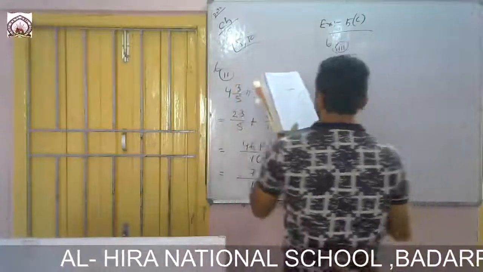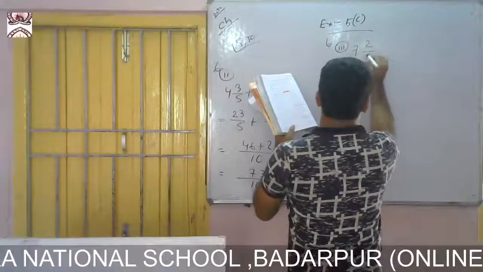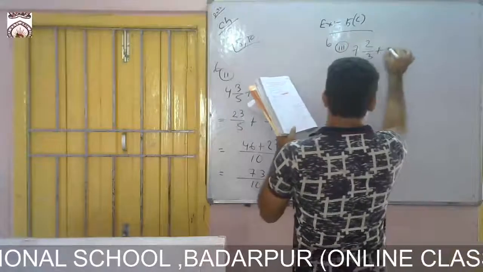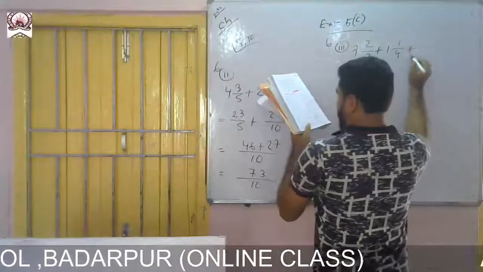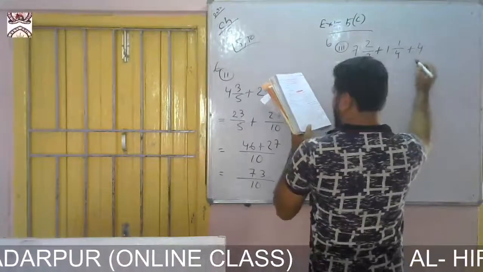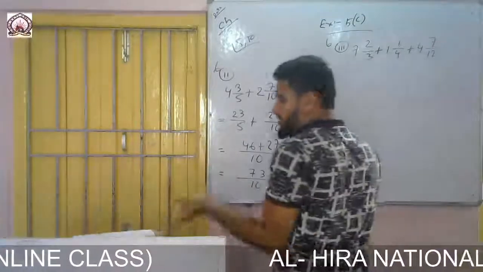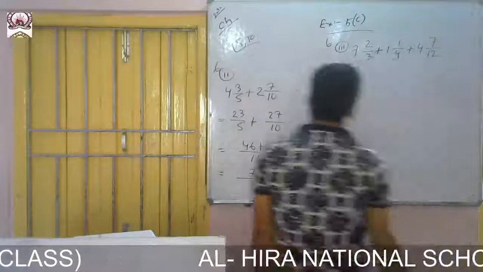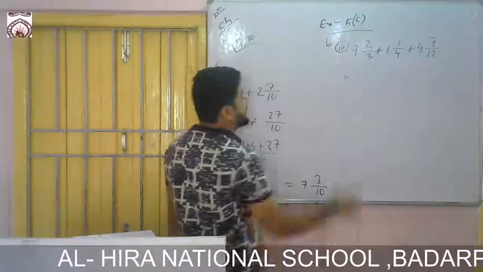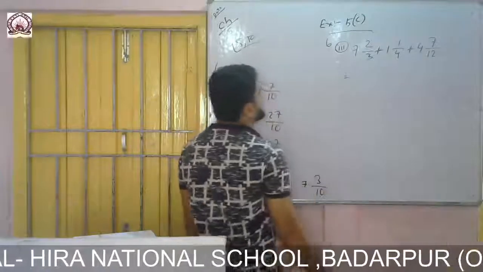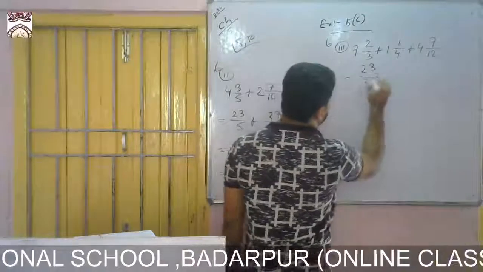6 Roman 3. 7 2 by 3 plus 1 by 4 plus 4 7 by 12. Now first you break. 7 3s are 21. 21 plus 2 is 23 by 3.